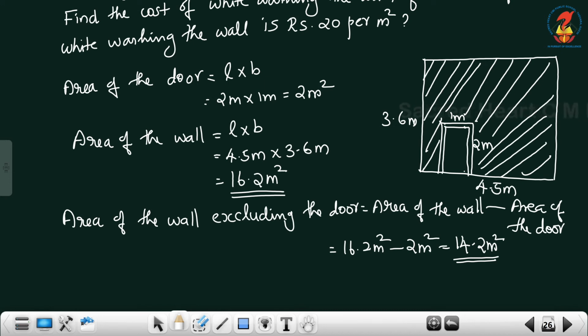Next, cost of the wall. 1 meter square is 20 rupees. For 14.2 meter square, 14.2 into 20.